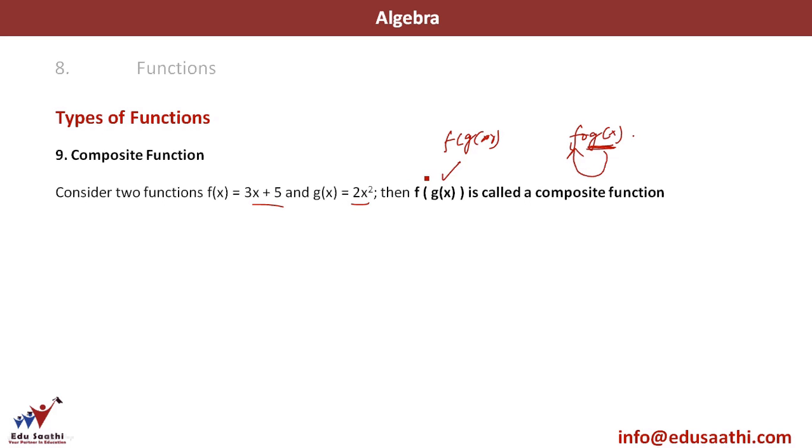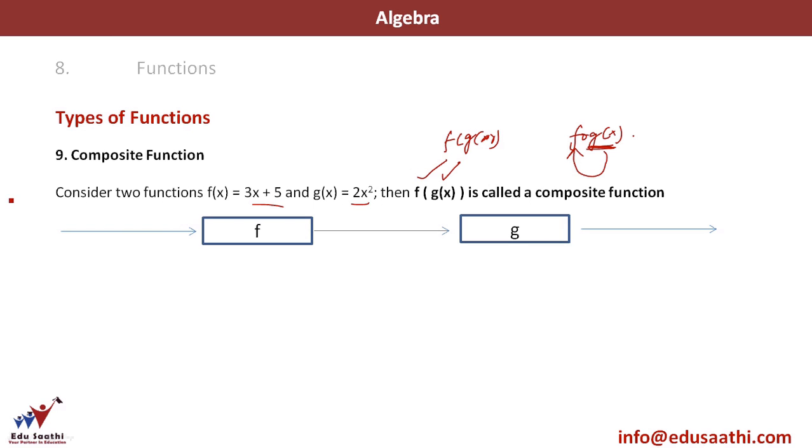This is a function inside a function. So if I just have to look at it, the x input will go and we'll be able to find out the function and I'll get a value. Now this output value will act as an input for another function and then I'll get my final value.